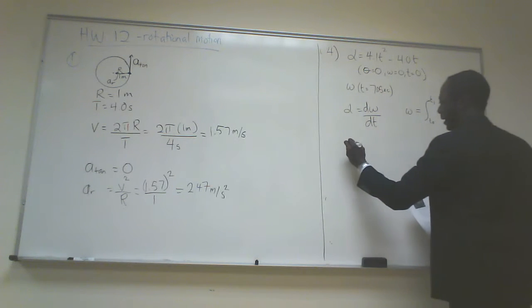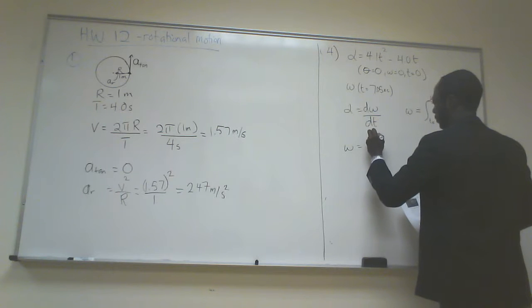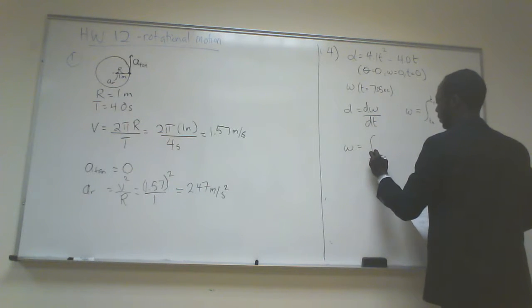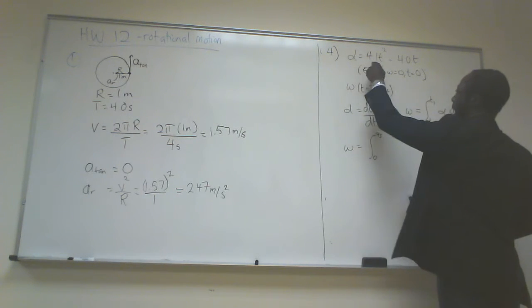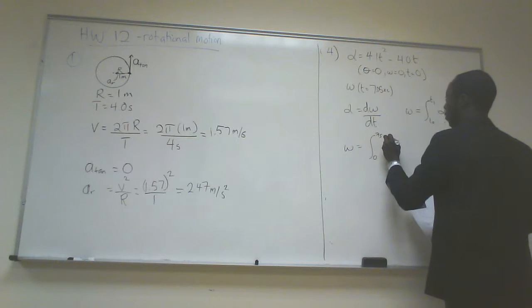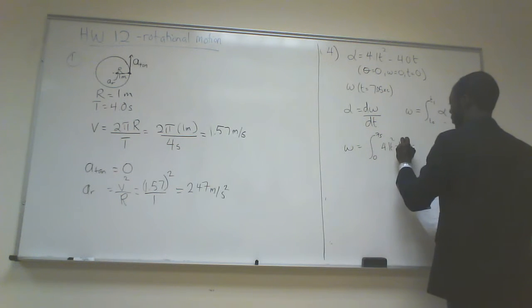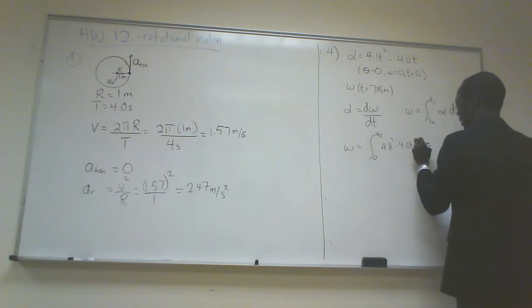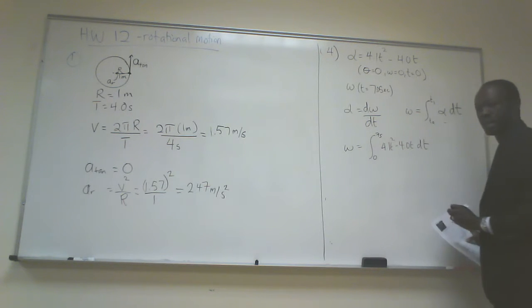All right, so omega is equal to the integral from 0 to 7 seconds of alpha, 4.1 t squared minus 4.0 t, with respect to time.